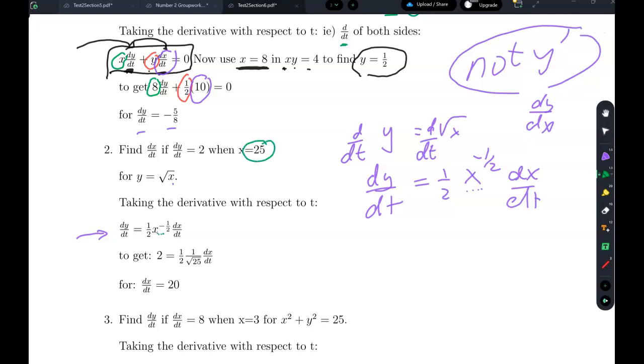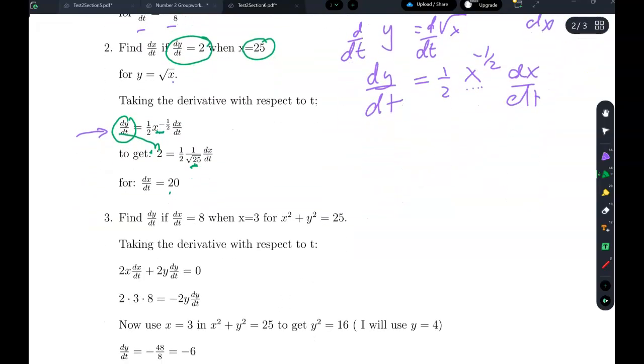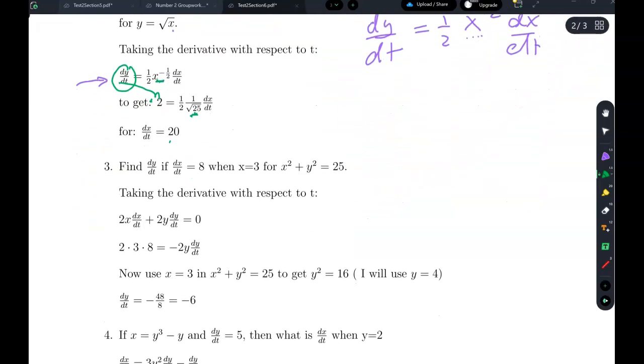So I put the negative 1/2 power in the denominator. That means 1 over the square root. I put in the dy over dt is 2. So I put 2 in there. And so I've got this equation. So if I multiply by 2, I get 4. And then multiply by 5, because that's the root 25. And I get dx over dt is 20. All right, let's stop here.